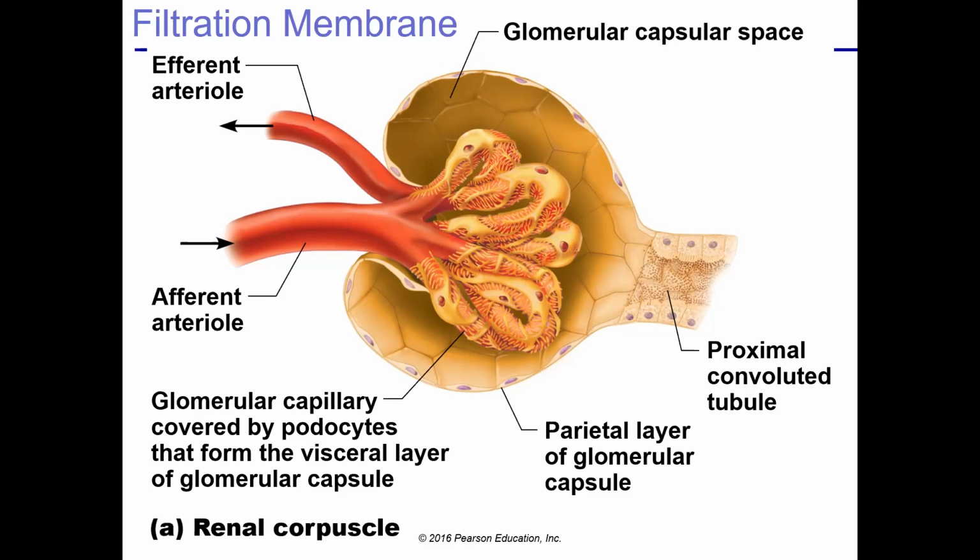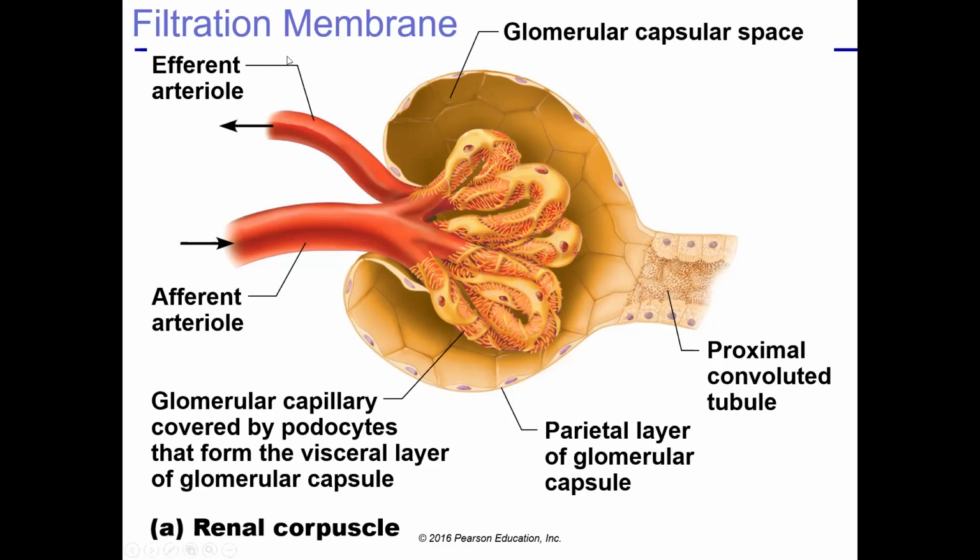We have a smaller tube leading out, so we can keep the pressure high in the glomerulus, but it also slows it down, because the speed through the kidney is very, very important. We don't want to go through too fast. We don't want to go through too slow. Bad things happen in both cases. We'll talk about this here in a second.